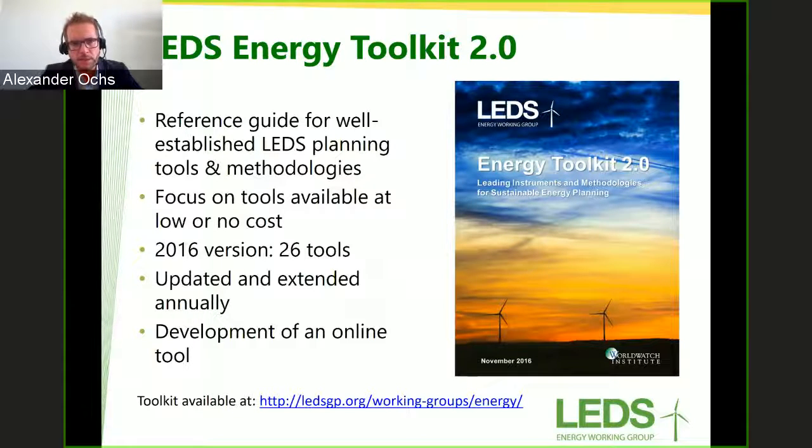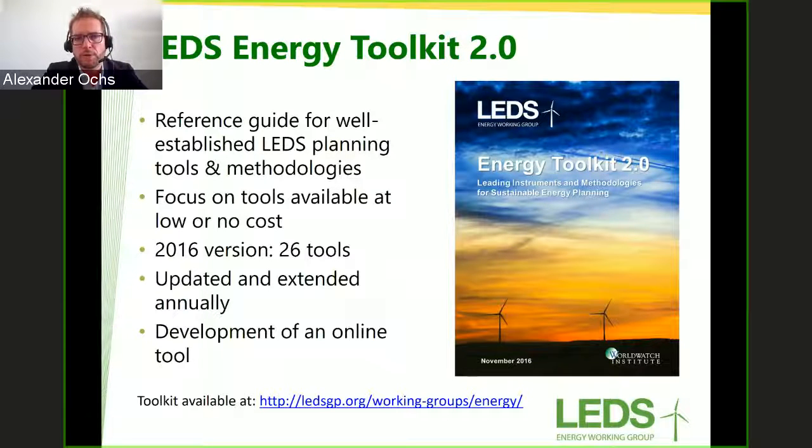What is the toolkit? It is really a very simple, easily accessible guide for tools for low emission development strategy planning that are well established and that have been proven to be helpful in helping countries design their LED strategies.